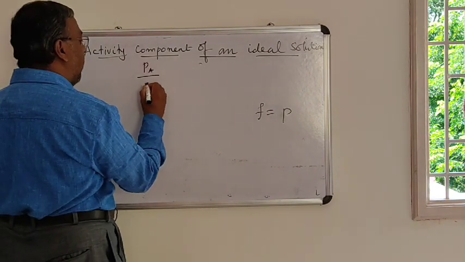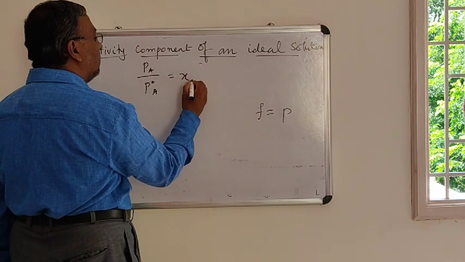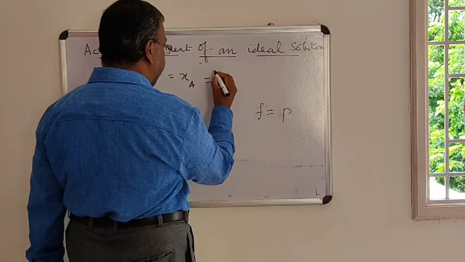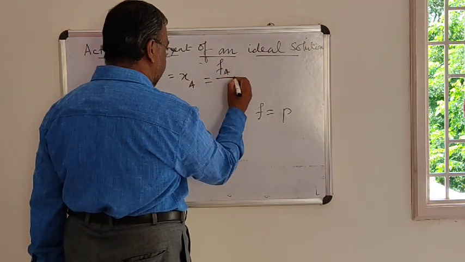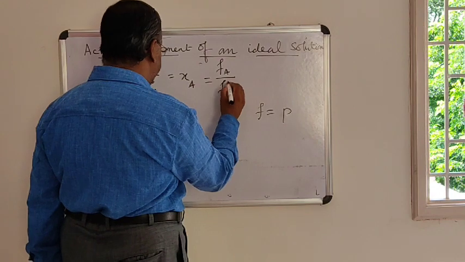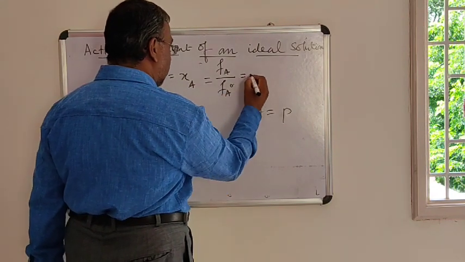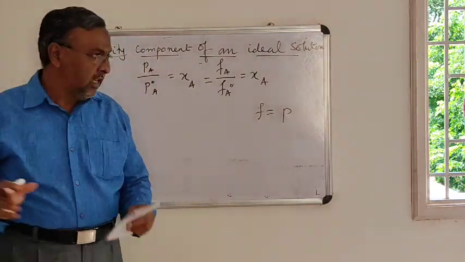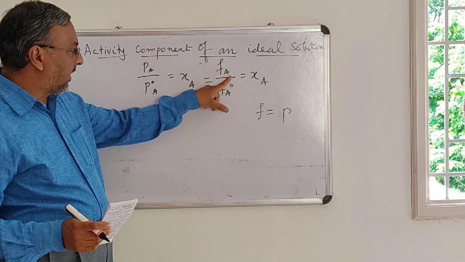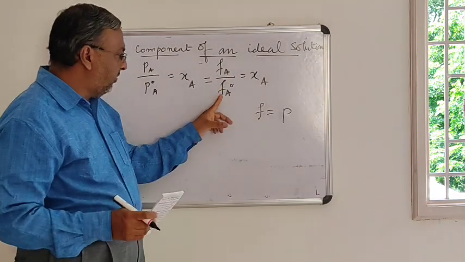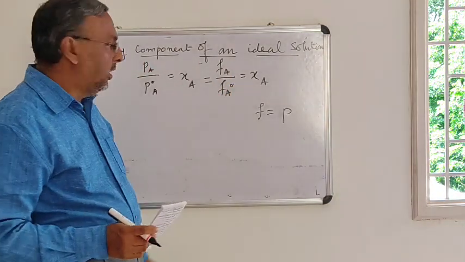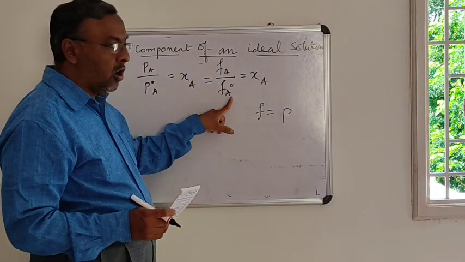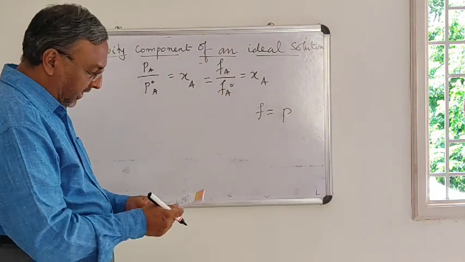Therefore, now I can write this equation as PA by P naught A is equal to XA. Instead of vapor pressure, I can write fugacity: FA by F naught A will be equal to XA. What is FA? Fugacity of constituent A. F naught A refers to the standard fugacity, or the fugacity of component A in its pure state.